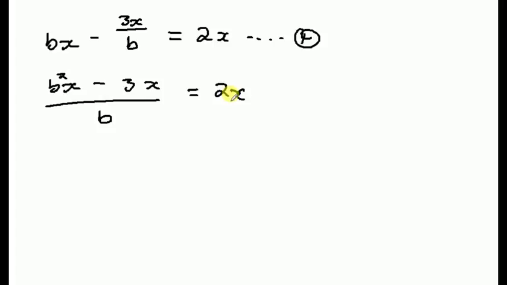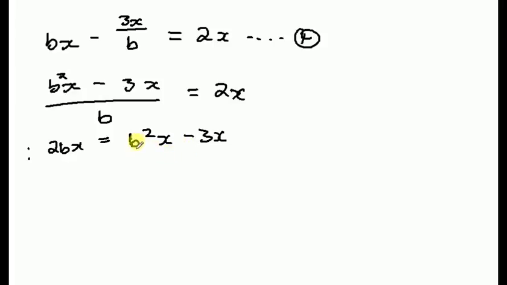Therefore, this is going to give us bx is equal to b squared x minus 3x. We take out our x first of all.